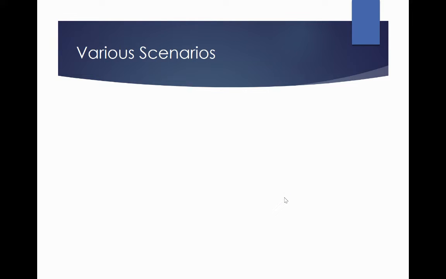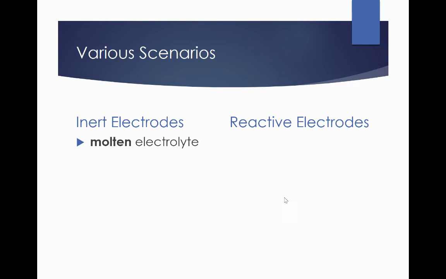Now, first of all, the various kinds of scenarios that can happen. Of course, we can have inert electrodes, and your inert electrodes include graphite as well as platinum. We can also have reactive electrodes, which are usually metals such as silver, copper, and other kinds of metals. And under inert electrodes, we have one case in which you have your molten electrolyte, which is an ionic compound that is melted to form the liquid state or the molten state.